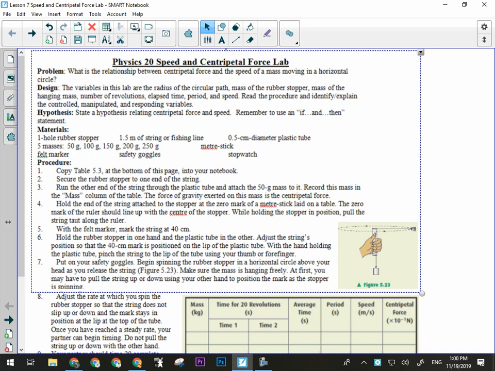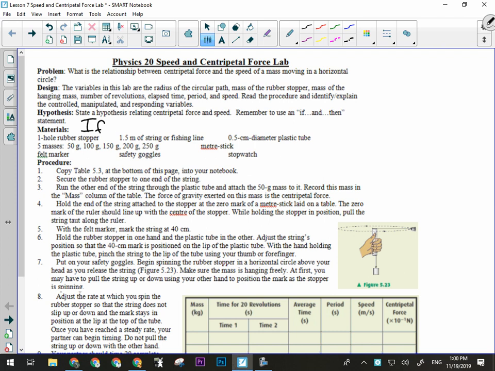All right, for our hypothesis, here's what we're looking for. An if-and-then statement, where the if part is going to talk about the relationship between centripetal force and speed. So what is the relationship between centripetal force and speed?